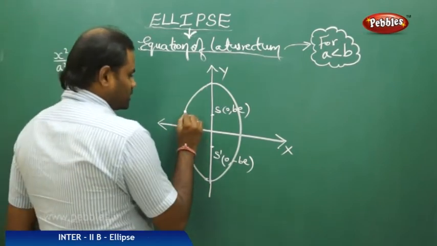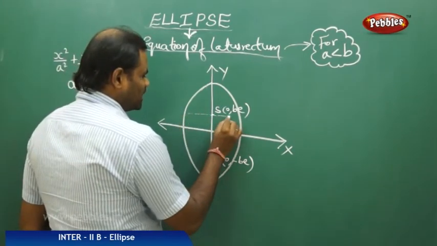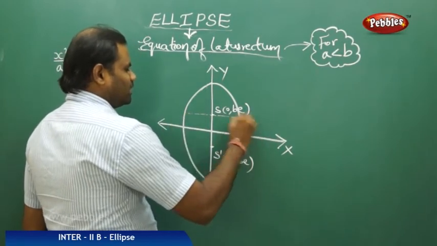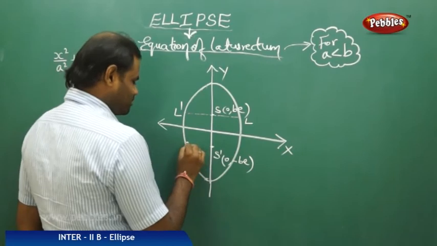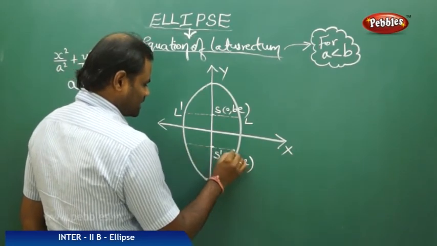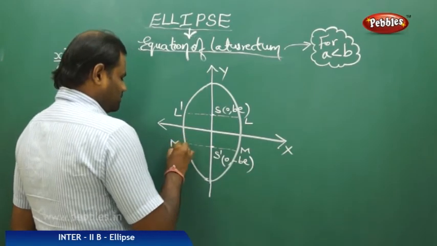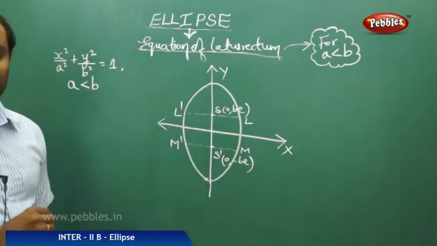Therefore, the lateral recta passing through focus S would shift in this manner with L and L dash, and this lateral recta would shift with M and M dash is what we get.